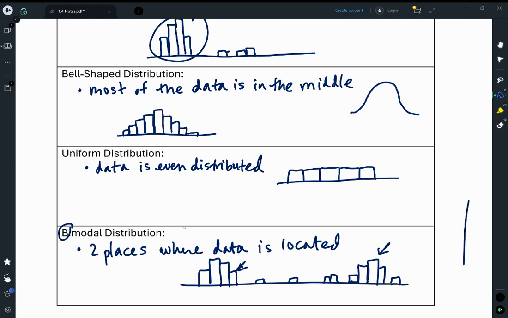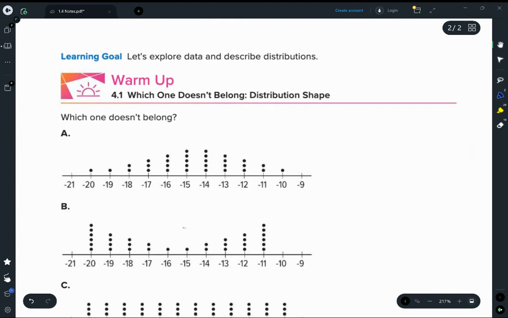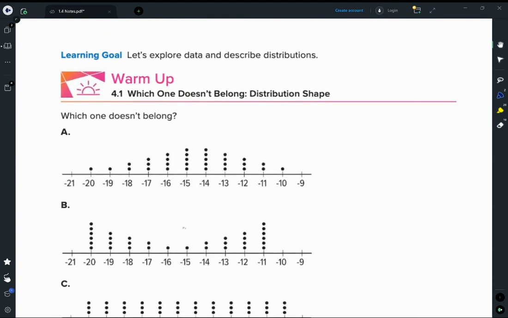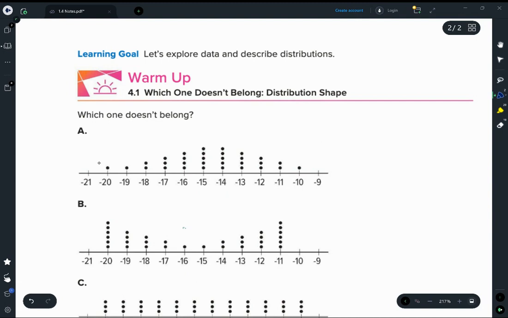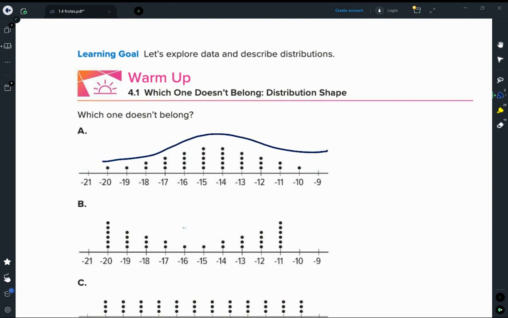The last thing that we did in class then is we looked at just using that vocab. So this one looks kind of symmetric at first. So first we did this as an activity, but then we went back and labeled it. So this one kind of looks like it could be the first one. I can kind of see that nice bell shape on this one, right? So I would definitely say a bell-shaped one.